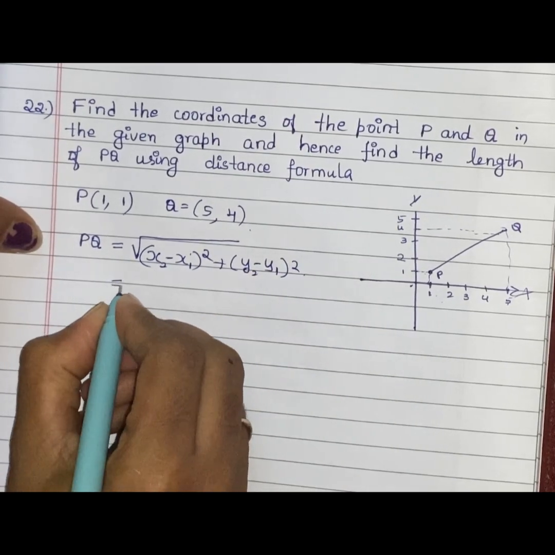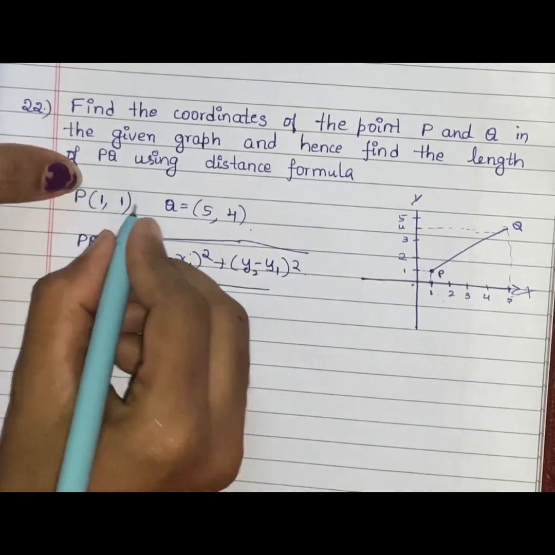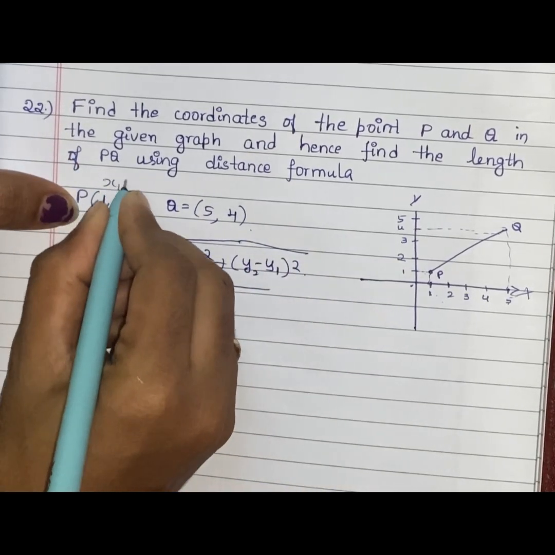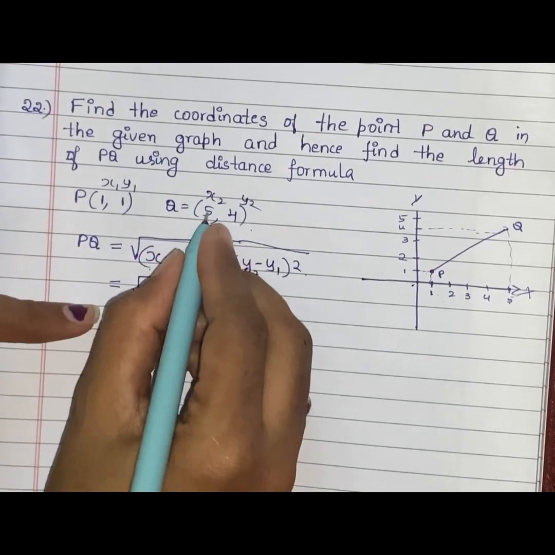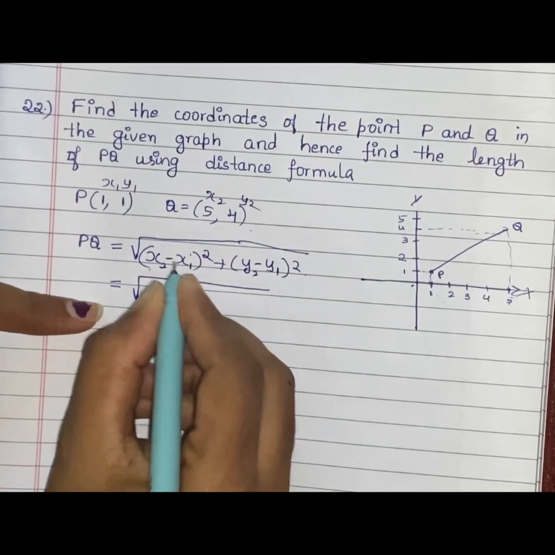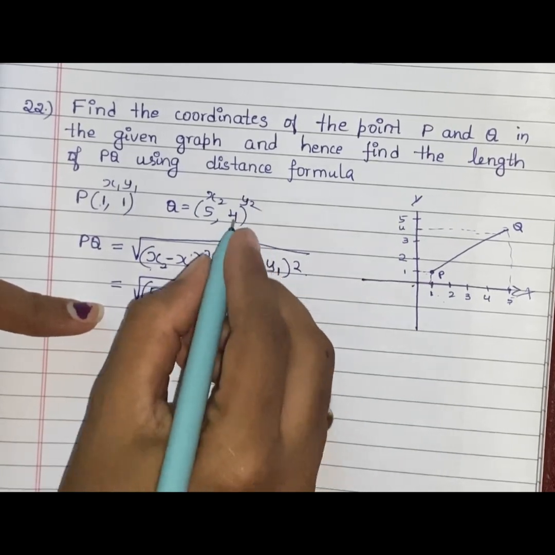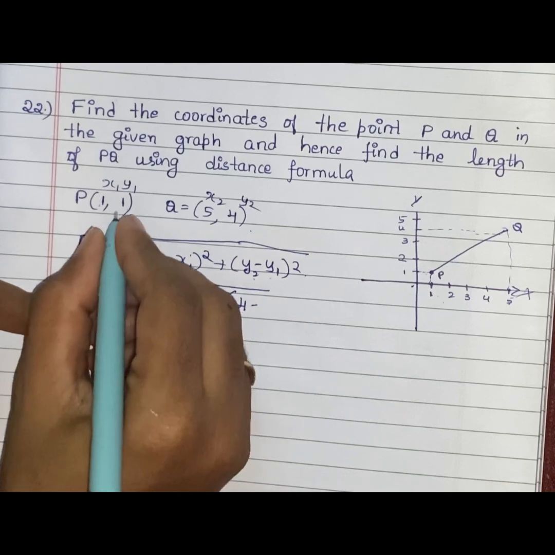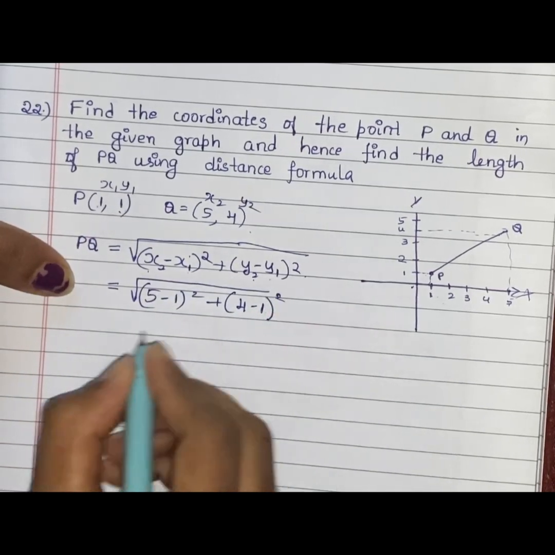Okay, so here we need to name it as x1 y1 x2 and y2. So x2 value is nothing but 5, x1 value is 1, whole square, plus y2 value is 4, y1 value is 1. Okay, whole square.